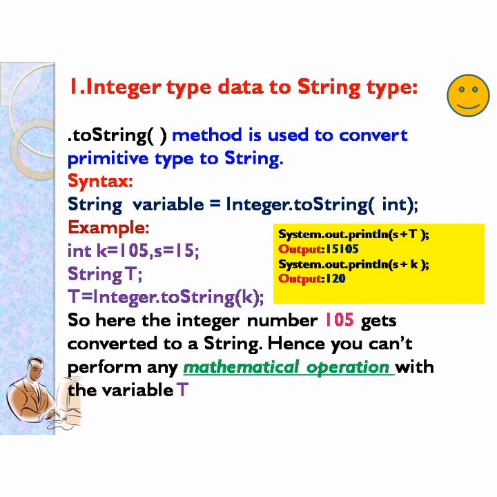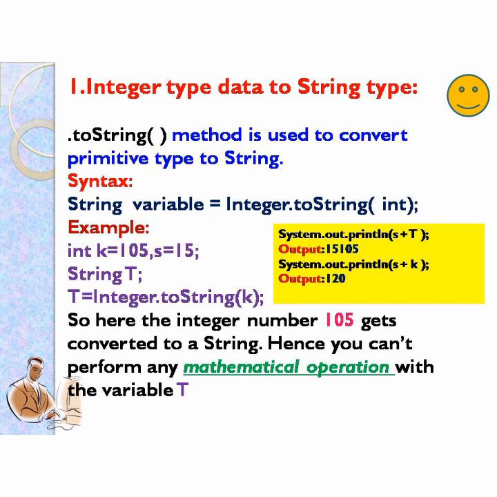Here the toString method is used to convert all primitive types to string. Syntax: string variable equals Integer.toString, within brackets the int. So very simple, the answer is there in the question. It is asked integer type to string, so Integer.toString. For example, int k equals 105, s equals 15.